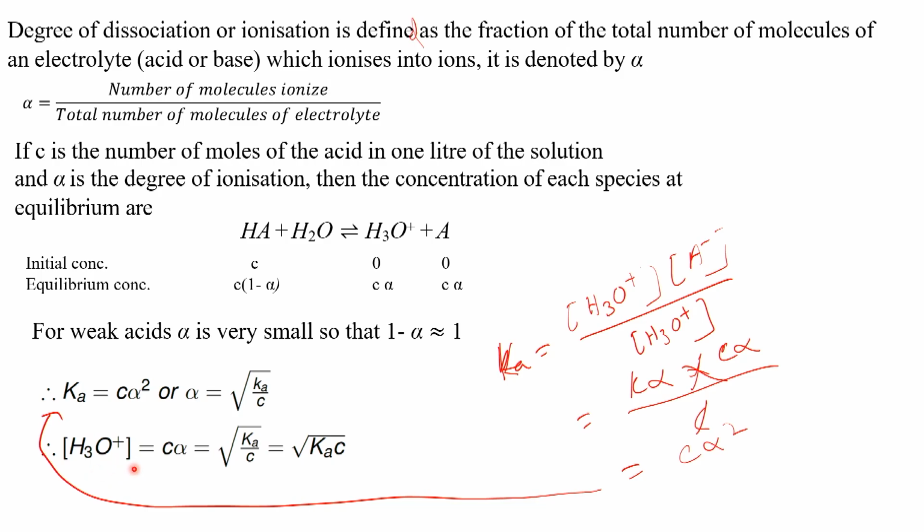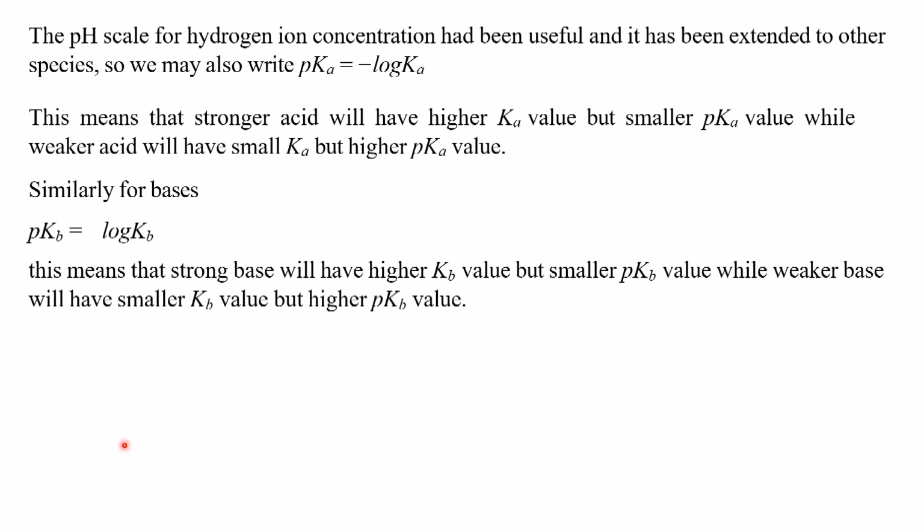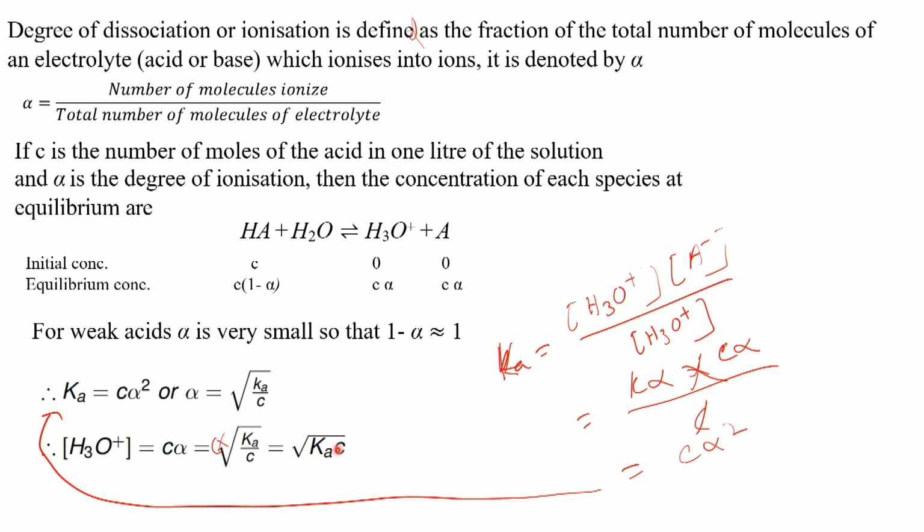Now the concentration of H3O+ is again C times alpha, which gives root over Ka times C. So we can calculate the concentration of H3O+, and then, taking the log, we can calculate pH if we know the values of Ka and C.